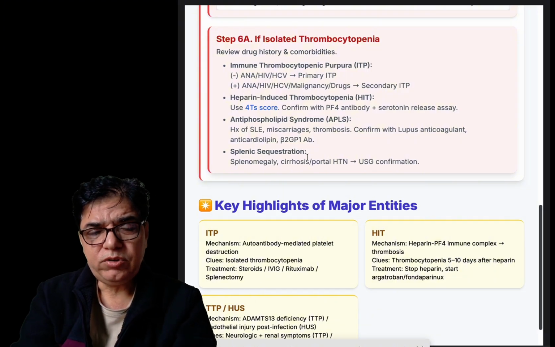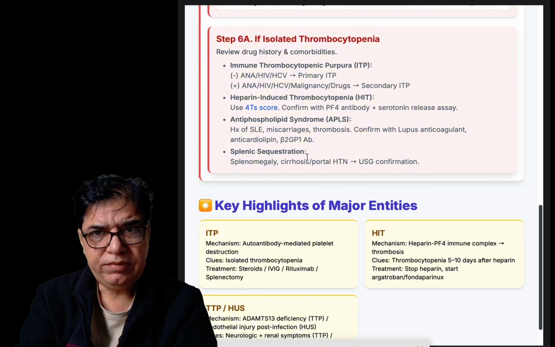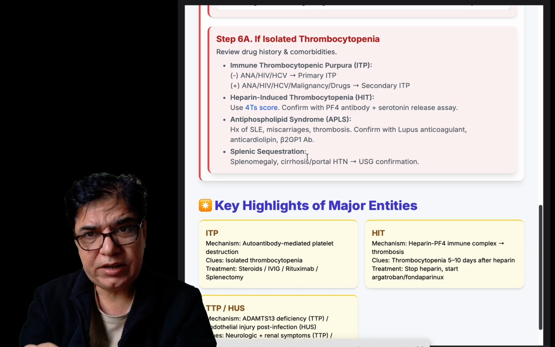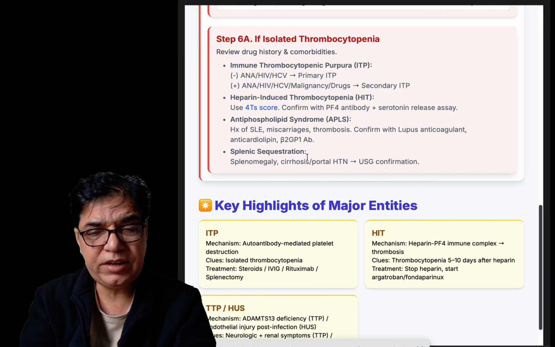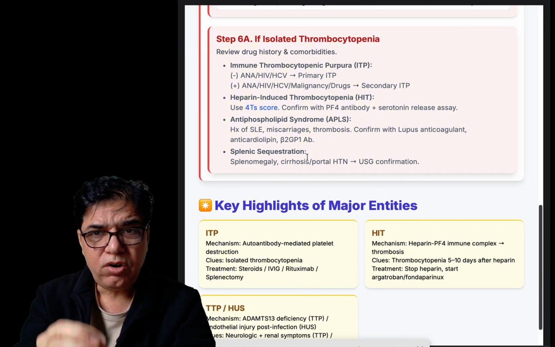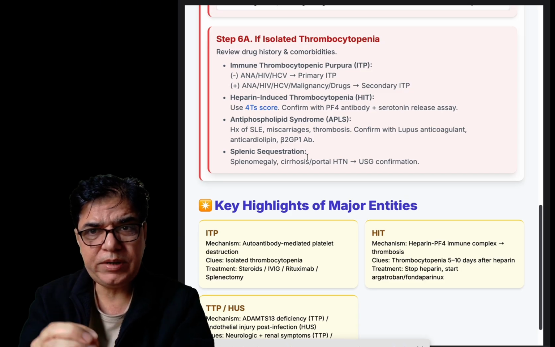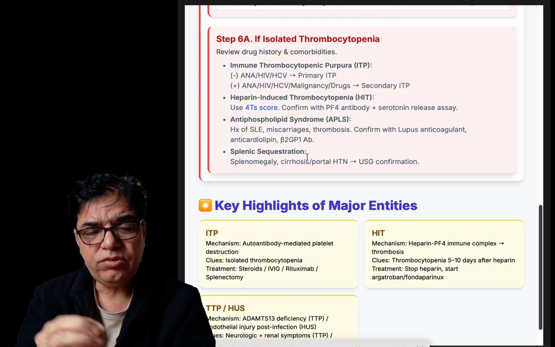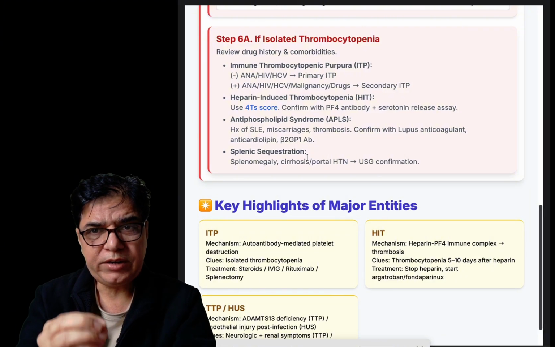Also, certain types of infections like HIV, hepatitis C, vaccines, certain types of drugs and malignancy can also cause an isolated reduction in platelet count, which we call secondary immune thrombocytopenic purpura. So it's important to find out whether the child with isolated thrombocytopenia has a history of HIV, HCV, or is using certain types of drugs which might cause thrombocytopenia.